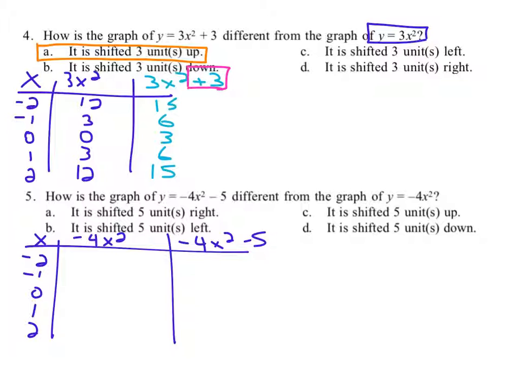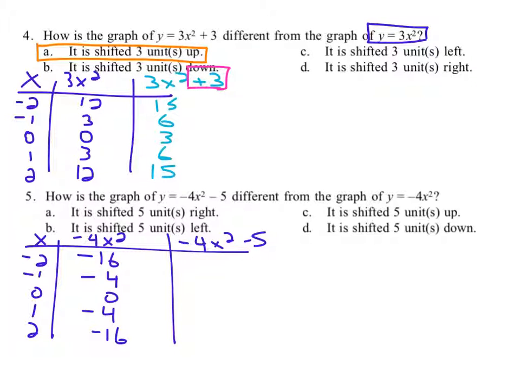Okay, square -2: -2 squared is 4, times -4 is -16. Okay, -1 squared is 1 times -4, -4. 0 squared is 0 times -4 is 0. 1 squared is 1 times -4 is -4. And 2 squared is 4, -4 times 4 is -16.